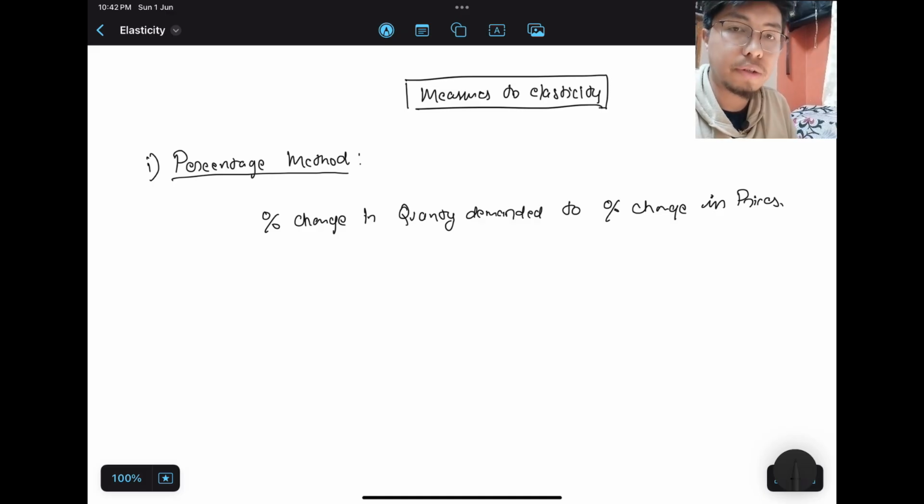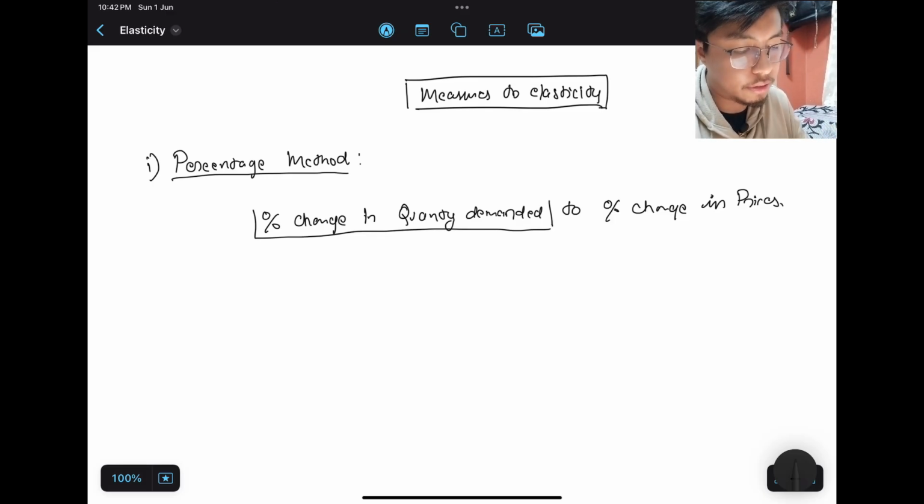So the percentage method just sees what is the percentage change in quantity demanded to the percentage change in prices.